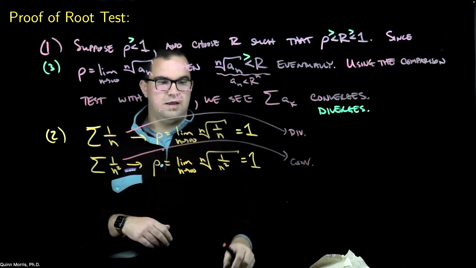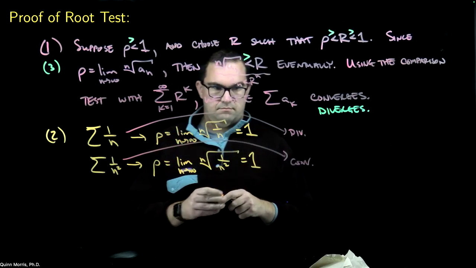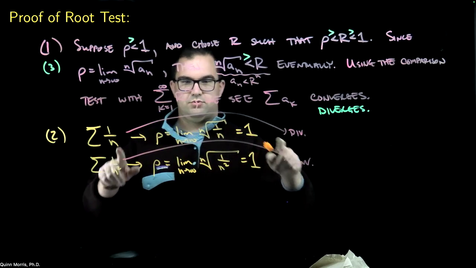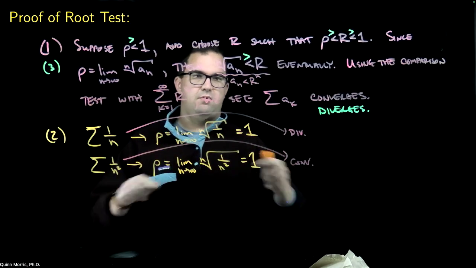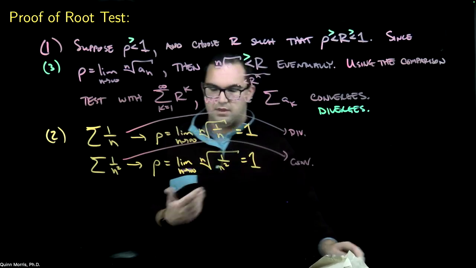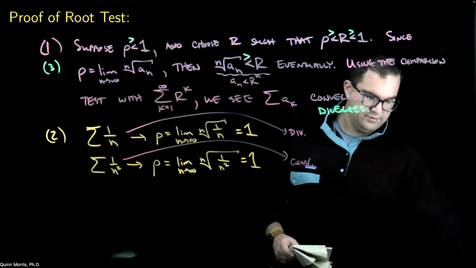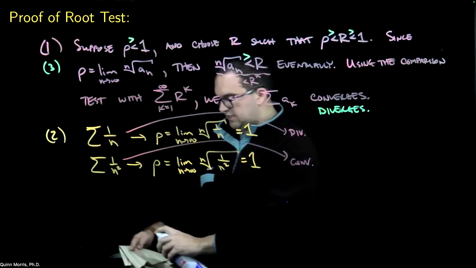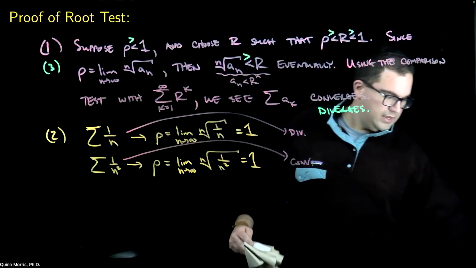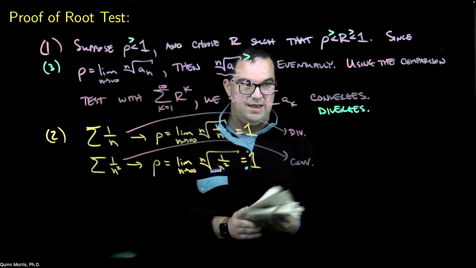Okay. And so you have examples where rho is equal to 1 in both cases, but one diverges and the other converges. Therefore, the test must be inconclusive. Okay. So what we've seen are 3 examples of convergence tests.